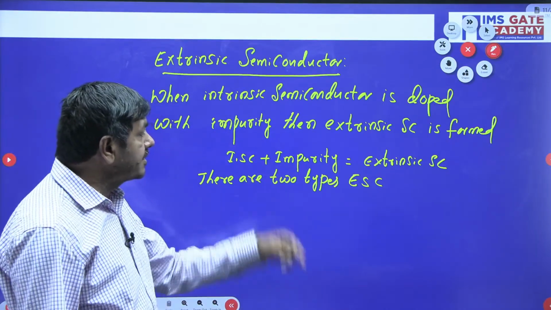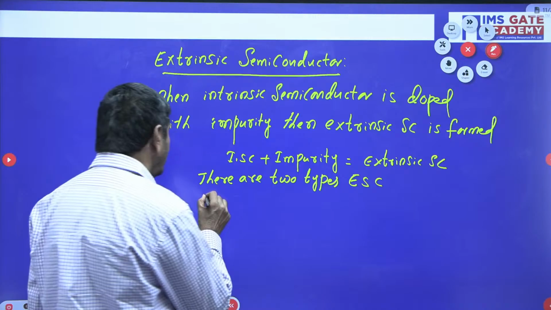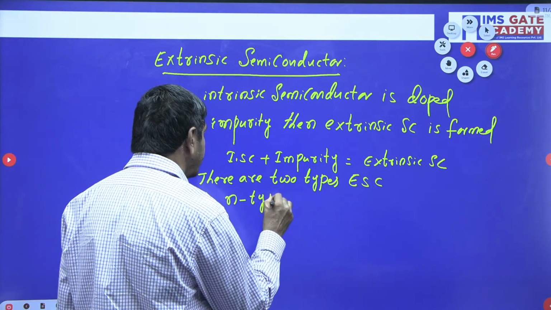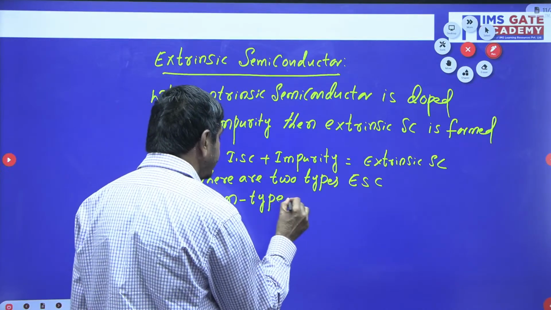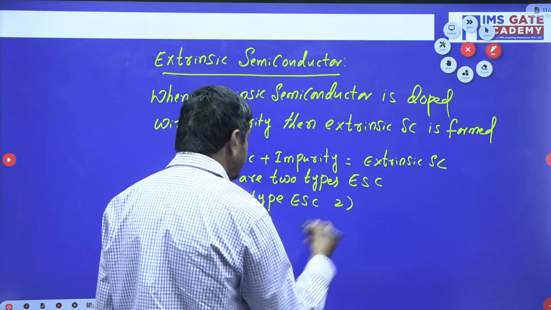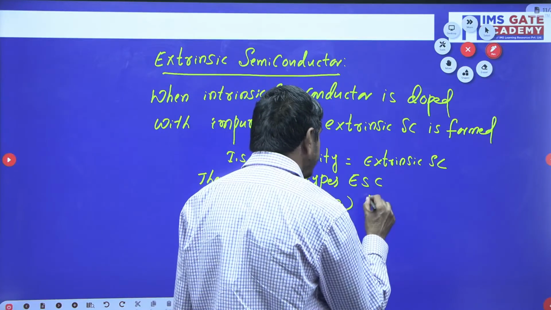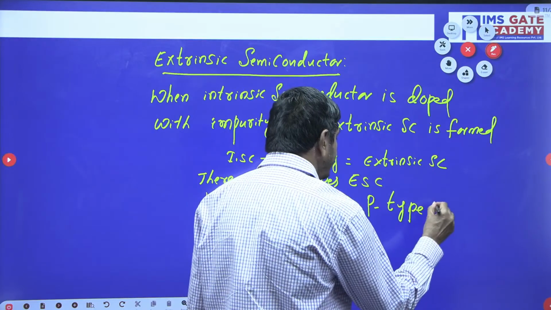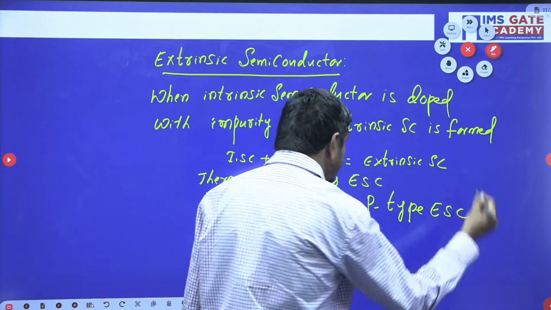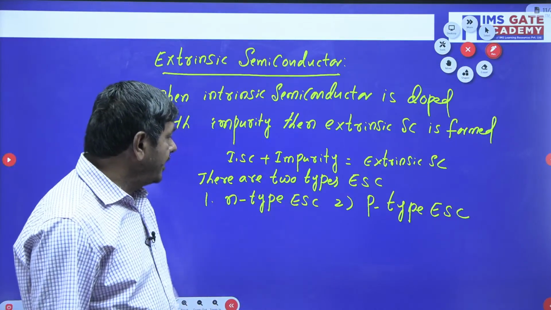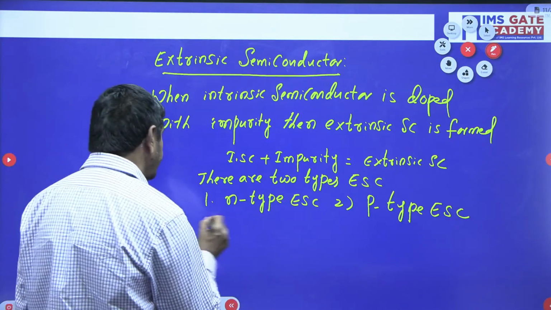One is said to be N-type extrinsic semiconductor, negative type extrinsic semiconductor. The second one is nothing but the P-type extrinsic semiconductor, positive P-type extrinsic semiconductor. But first, initially we can take N-type extrinsic semiconductor.